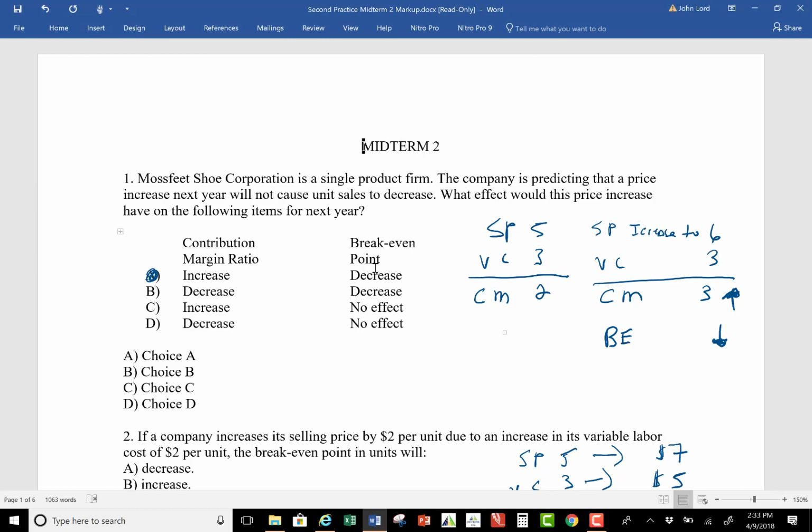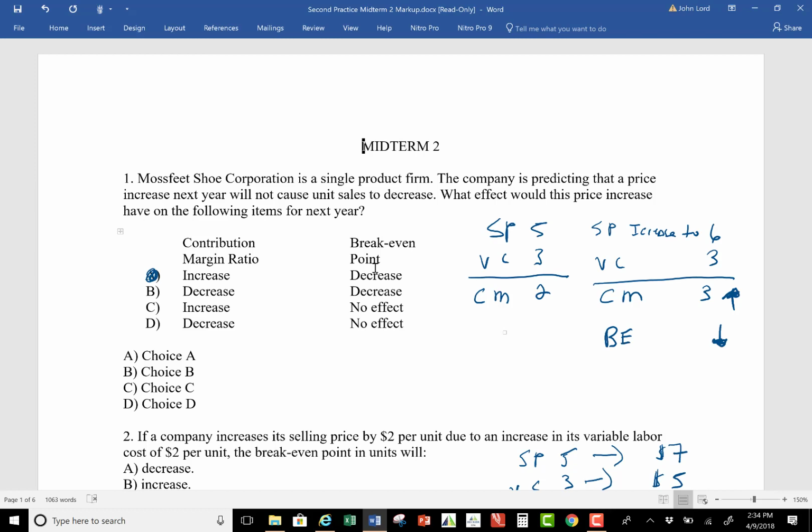But since my volume is staying exactly the same, my variable cost will still be $3 per unit, right? So if that's the case, the contribution margin per unit will do what? Go up, won't it? And if the contribution margin per unit goes up, now I have more dollars, cents, whatever, per unit going towards first my fixed cost and then my target profit.